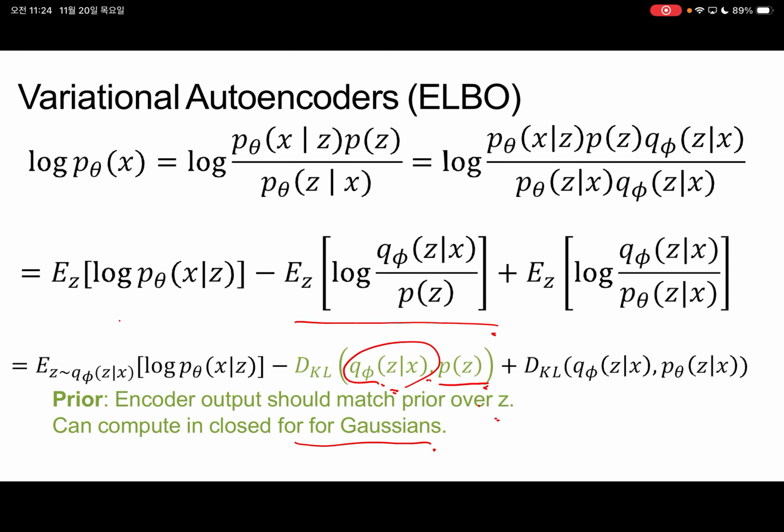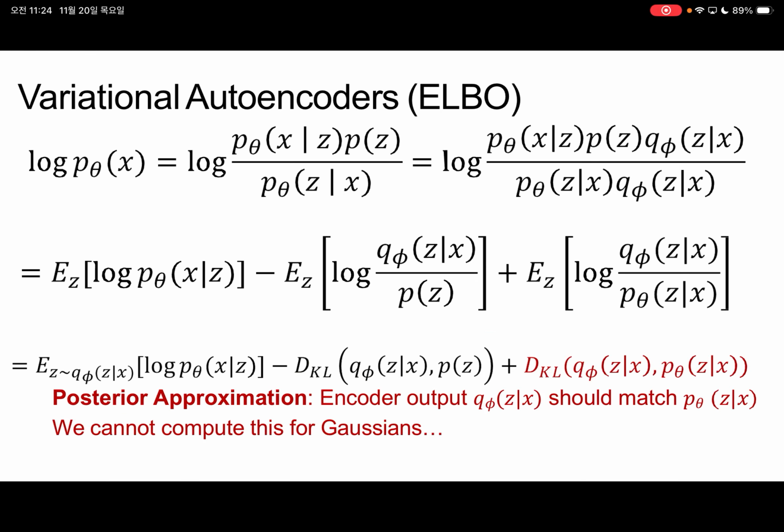The encoder's output should match our desired distribution, the normal Gaussian distribution. That is the second loss function, calculated as the KL divergence between the encoder's output distribution and our desired normal Gaussian distribution.